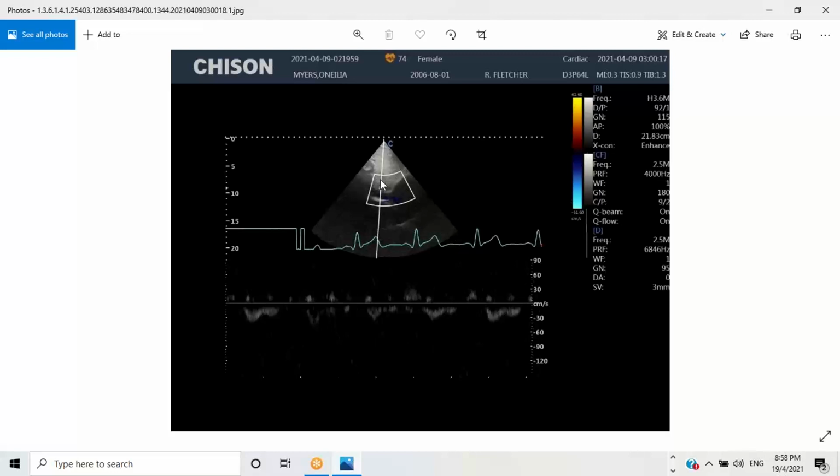So your hepatic vein flow is actually moving away from the transducer. You're going to get a systolic component, a diastolic component, and then an atrial flow reversal.